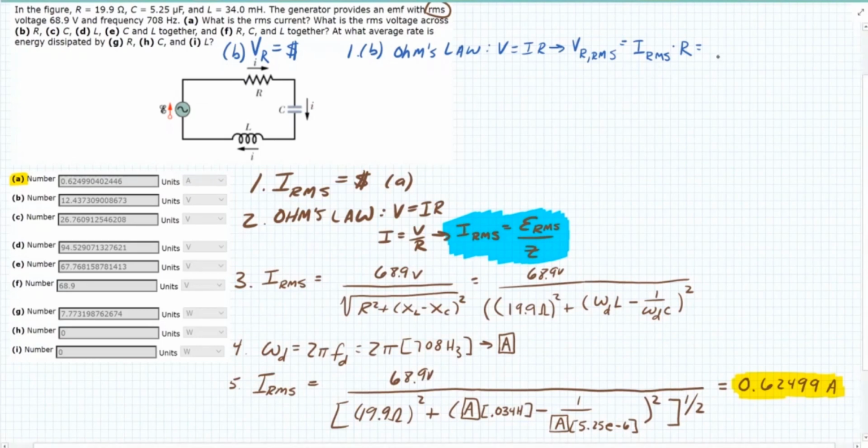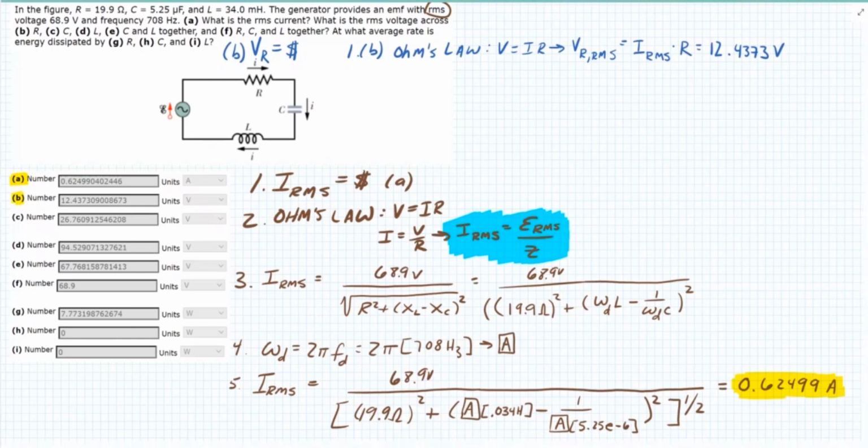That's the answer to part B, 12.437 volts. Done with A, done with B.